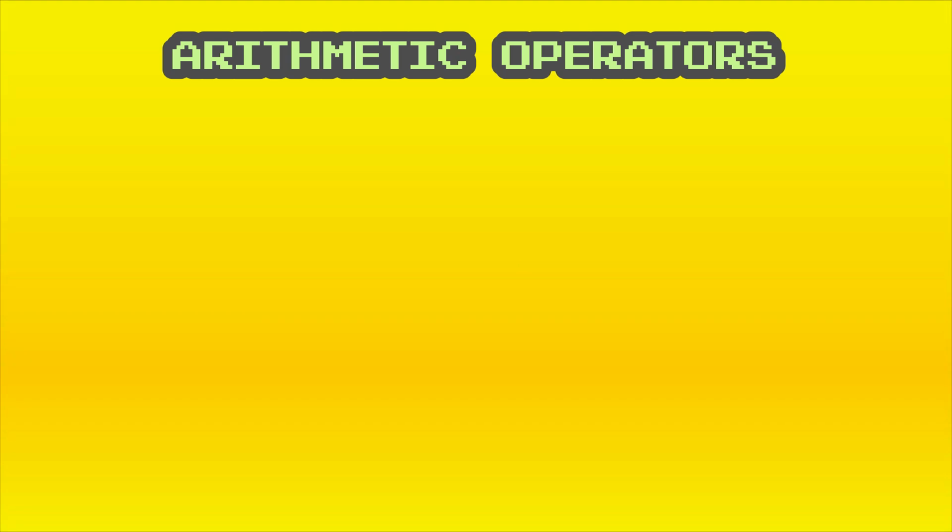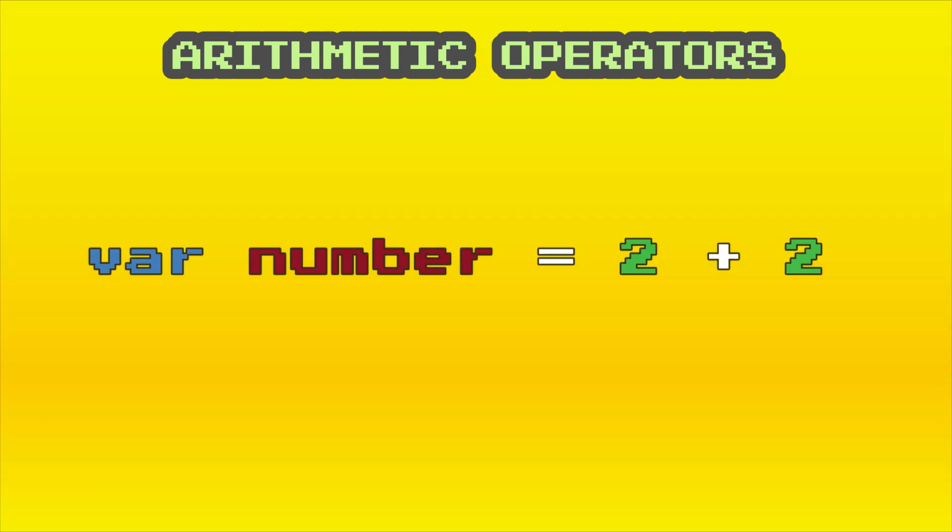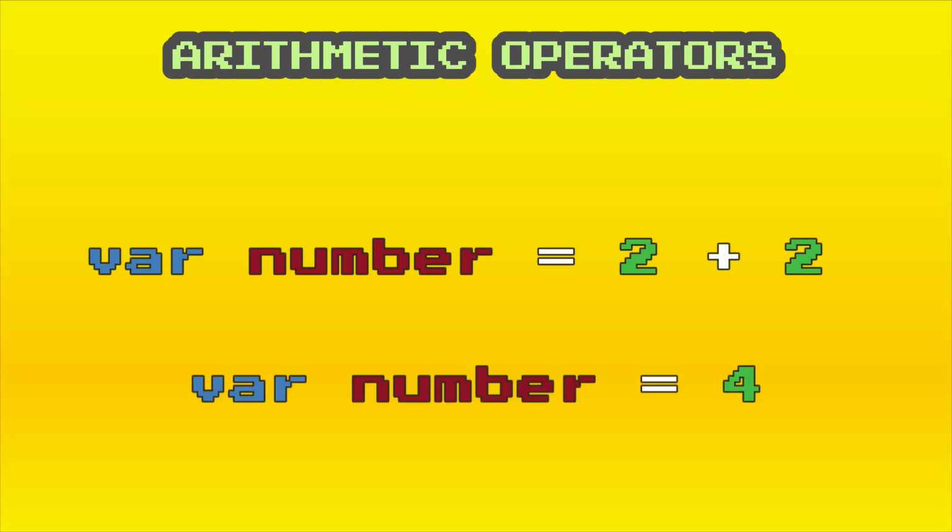In JavaScript you can perform mathematics in many ways. For example, you can create a variable, and store its value, by adding two numbers. So, the value of the variable number is equal to 2 plus 2. This means that the value of the variable is the same as if we write the number 4.